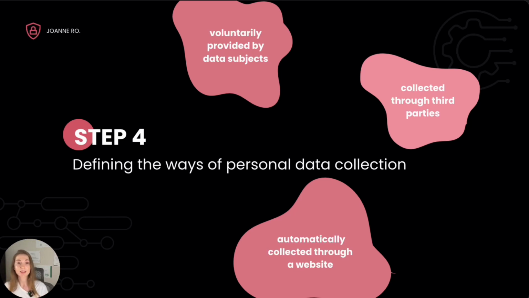The next group is for when you collect personal information through third parties or through publicly available resources. It can be done through social media. For example, if you log into a website using your social media credentials, the website may access your personal information. Or you can also collect some information through public records.